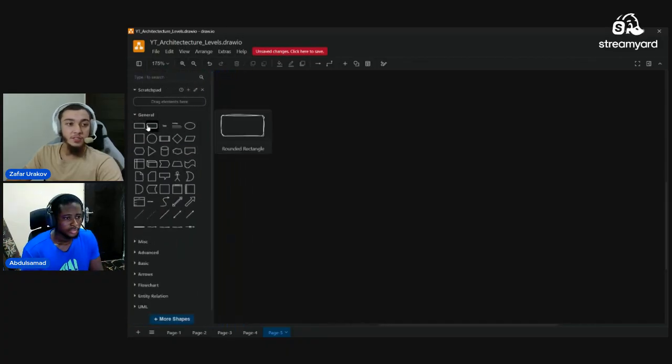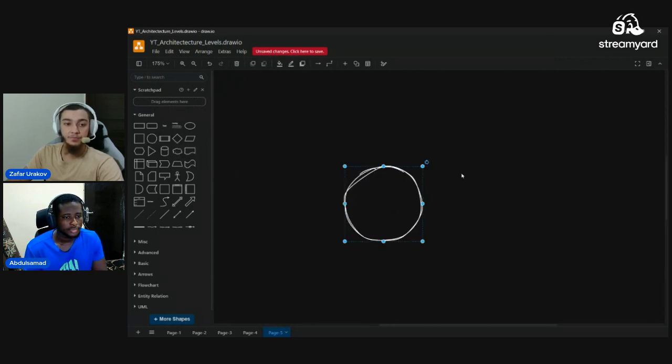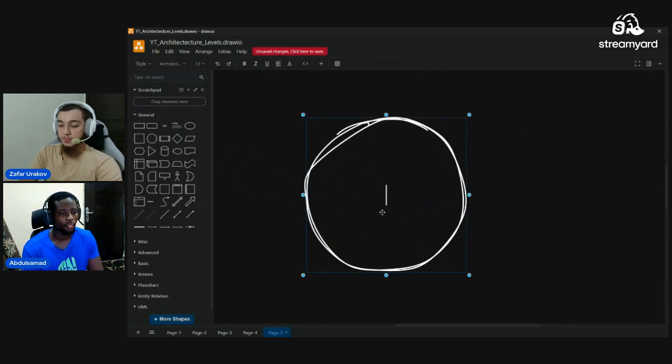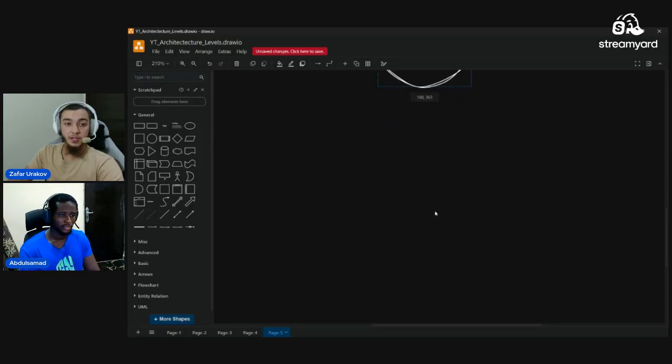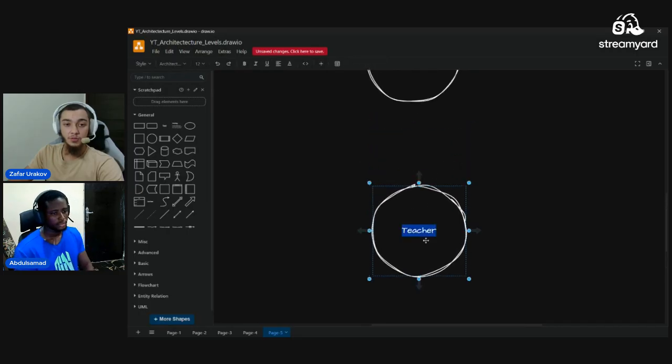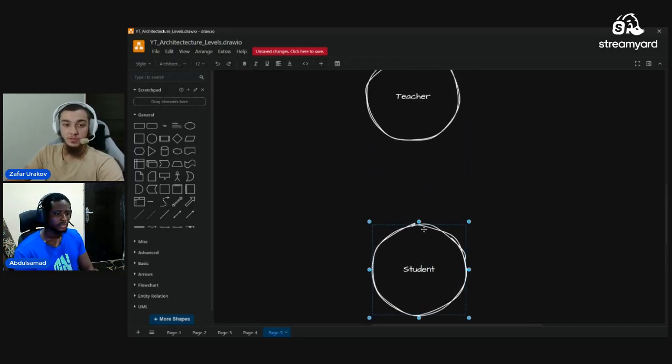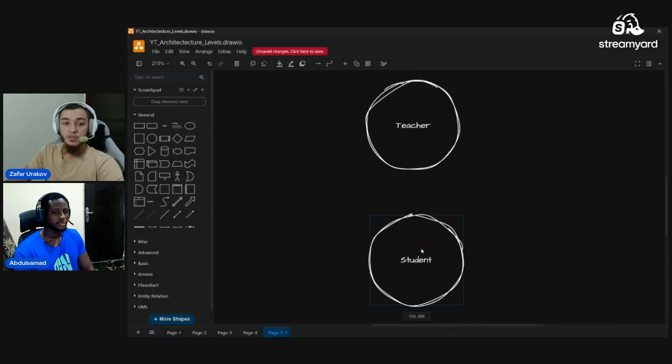Okay, so basically what Abdusamad was talking about is, let's say we have a teacher flow, and then we have a student flow, right? It can even be microservices. For example, we may have a teacher microservice and a student microservice.